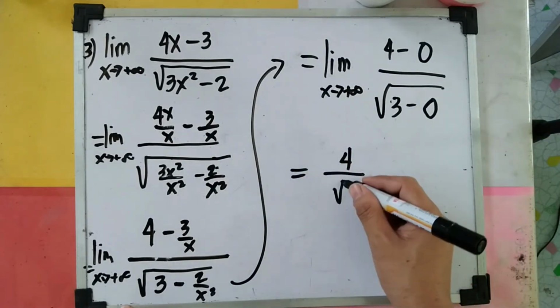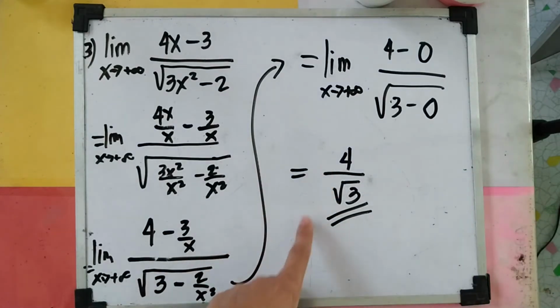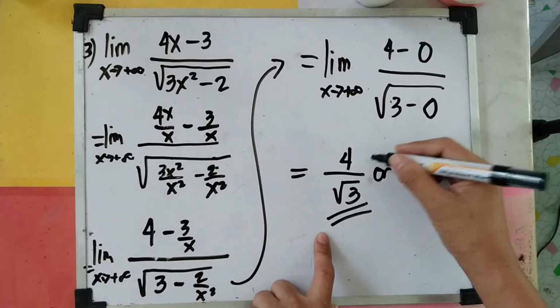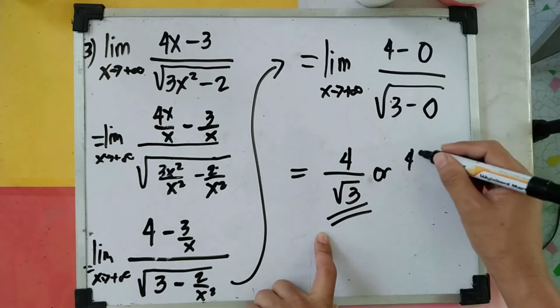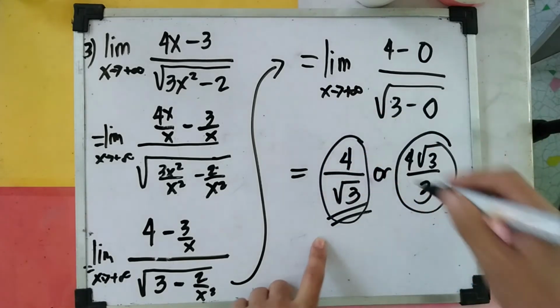The answer is 4 over square root of 3. Sa calculus class I can accept this answer. Pero pag gusto nyo talagang i-simplify, di ba i-rationalize mo yan. So, 4 square root of 3 over 3. I don't know if alam niyo pang rationalize. Ayoko na magturo.